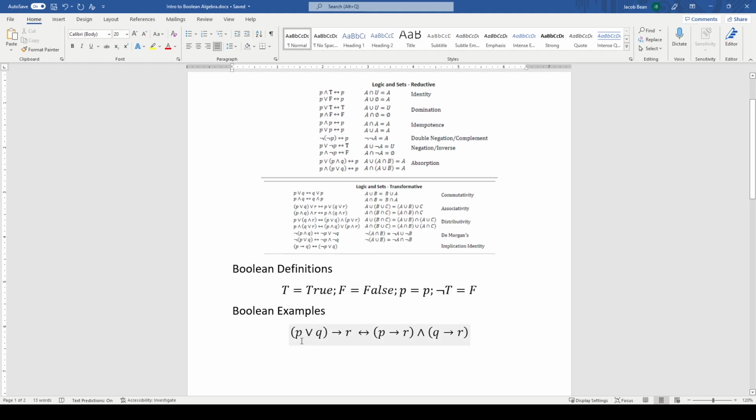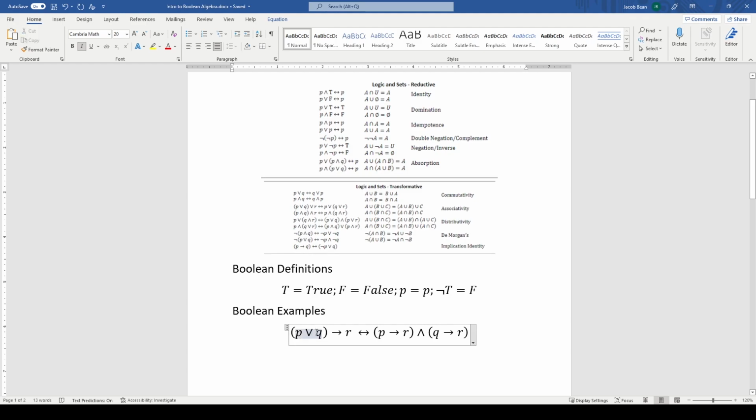We have P or Q implies R is equal to P implies R and Q implies R. I guess let's explain what these symbols are too, if this is introduction to Boolean algebra.